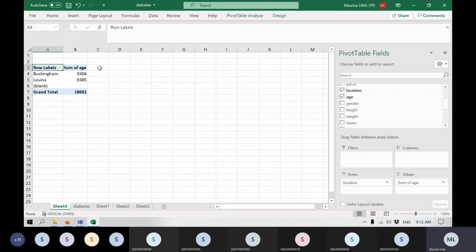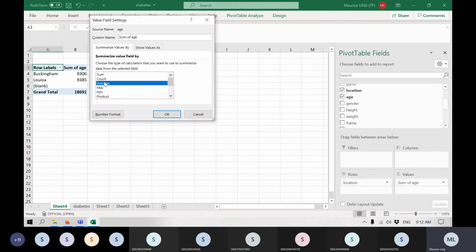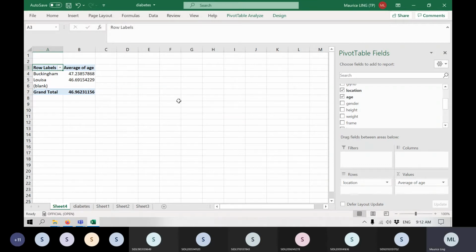Age goes to my values. In this case, I can actually change, click on this arrow, change the field value settings, and change it to average. This gives me the average age in my data set: for those in Buckingham it is 47.2 years old, those in Louisa 46.7 years old.